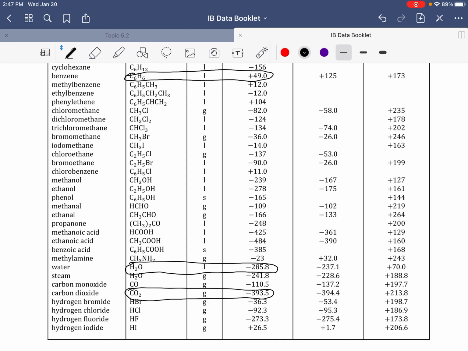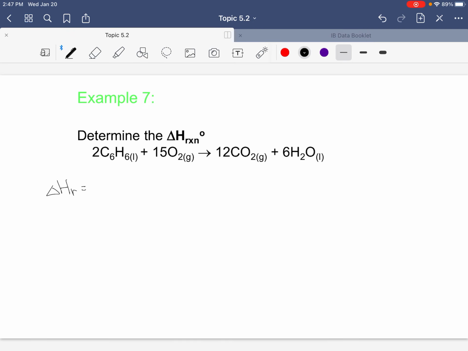There you go. What I usually like to do is write them down here. So this is 49, this is negative 393.5, and this is negative 285.8.